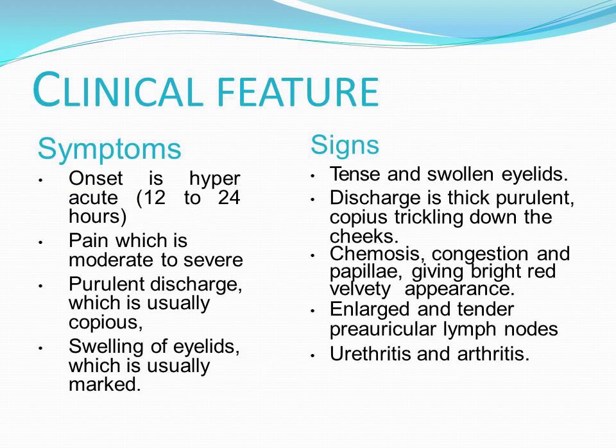Onset is hyperacute, within 12 to 24 hours. Patient complains of pain with copious purulent discharge and very marked swelling of the eyelid. Signs are tense and swollen eyelids, thick, purulent, copious discharge trickling down the cheeks, chemosis, conjunctival congestion, and enlarged and tender preauricular lymph nodes.